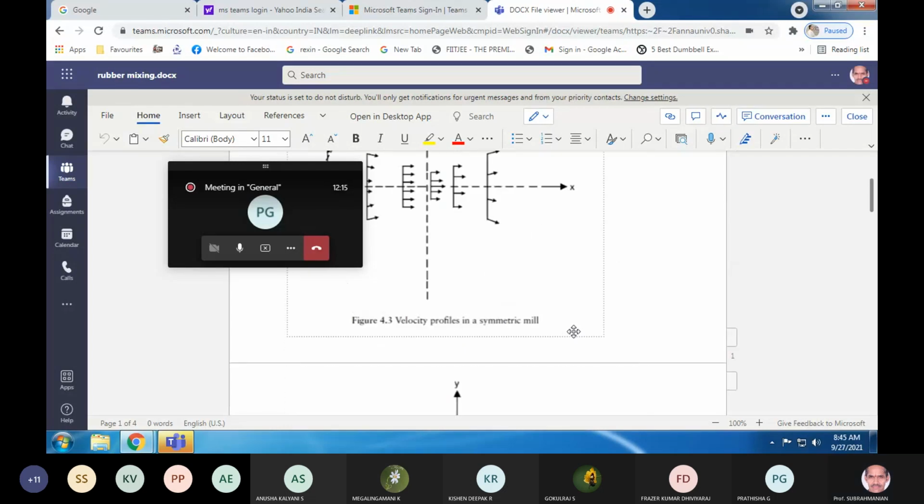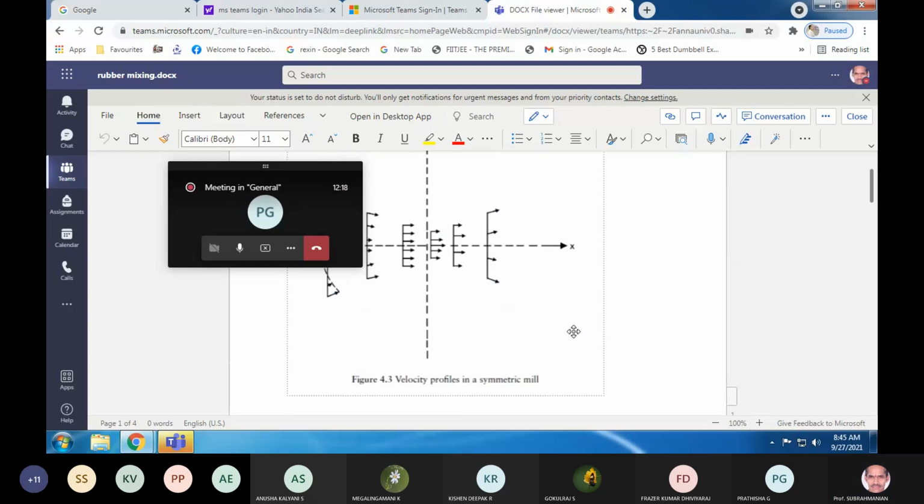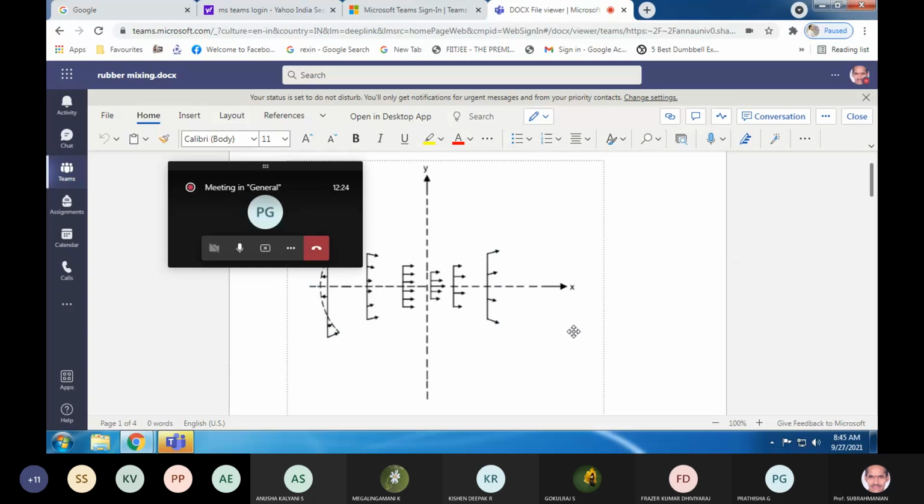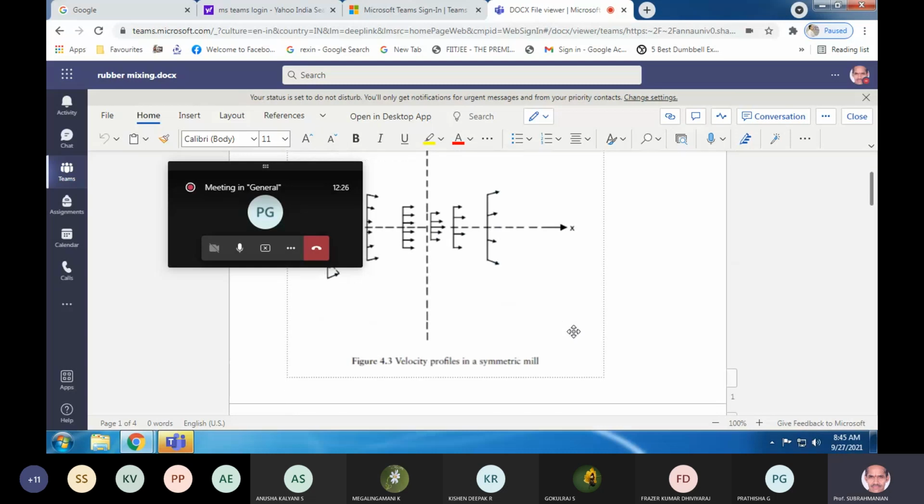All right. So in figure 4.3, what you see is the flow lines of the rubber chain. In the vertical, there is a dotted line running. That is the midpoint in the nip. Okay.